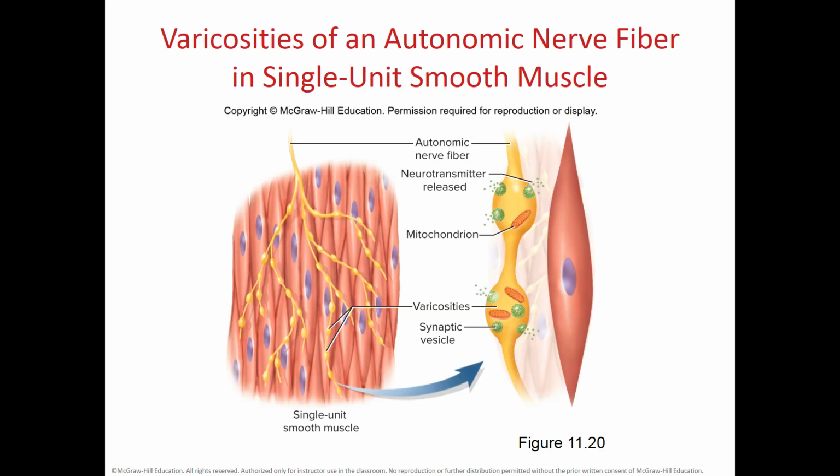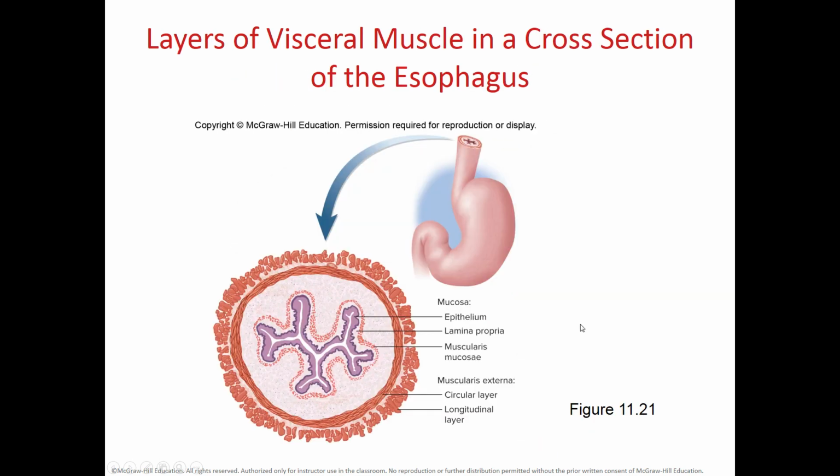So this is how these smooth muscle fibers look like. These form a single unit of smooth muscle with a single autonomic nerve fiber that connects several of them, and at the tip of these nerve fibers you have these varicosities that are filled with neurotransmitters that are released to stimulate these smooth muscle fibers, which, as you can see, have a spindle shape.